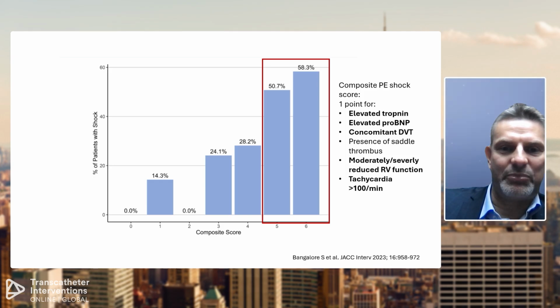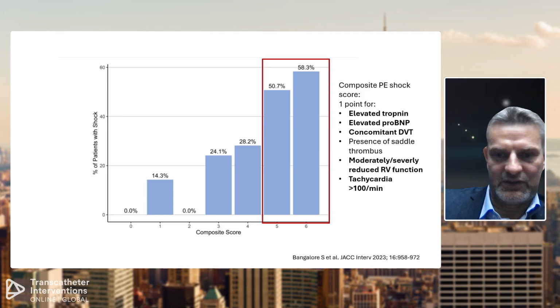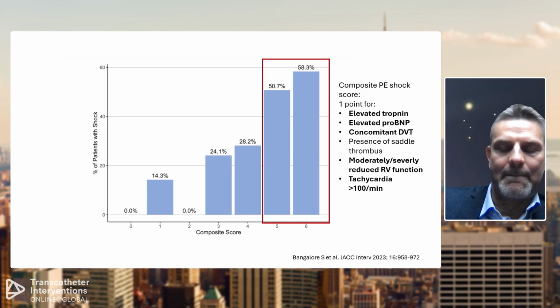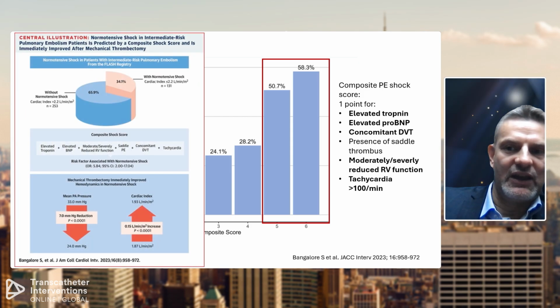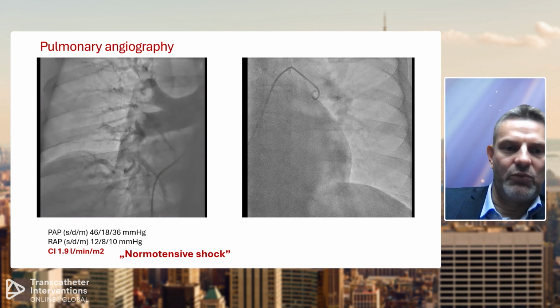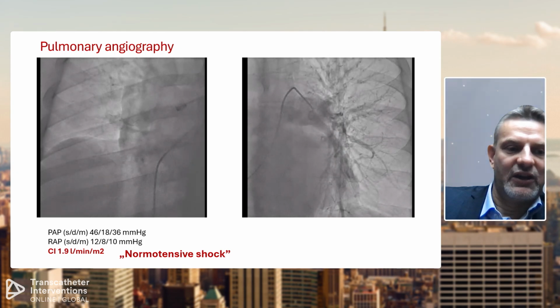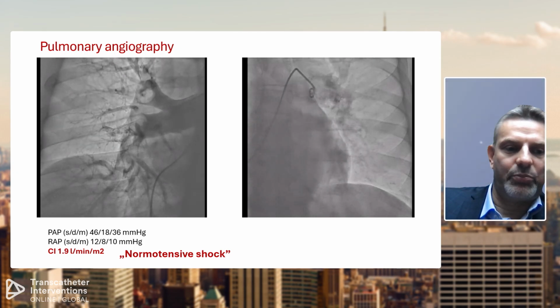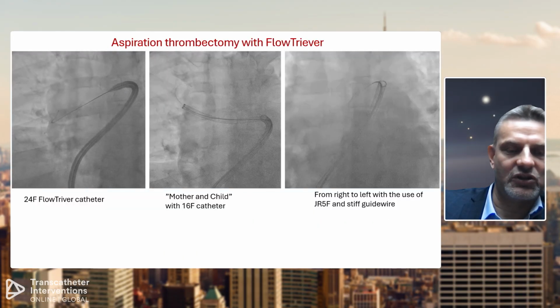In the CPES score, he had 5 points, meaning that this patient is at risk of deterioration, and we decided to treat this patient, of course, with intervention. Here our cardiac index was 1.9, showing that this patient was really in normotensive shock.